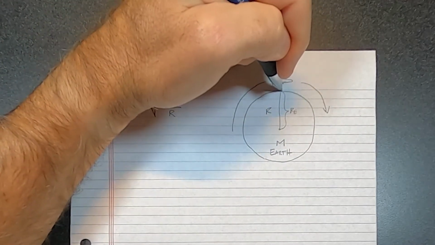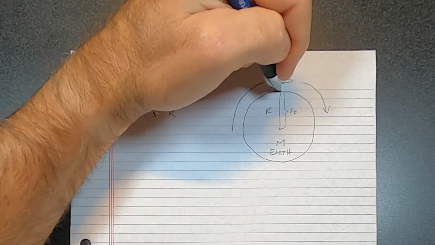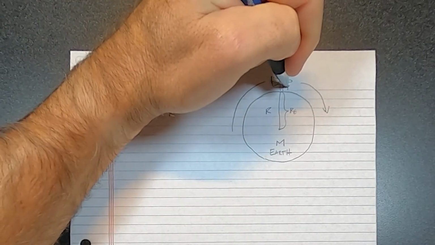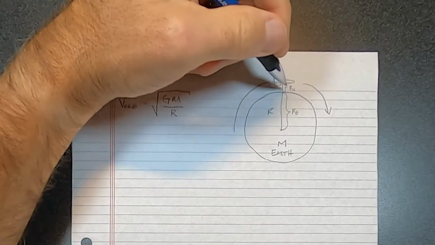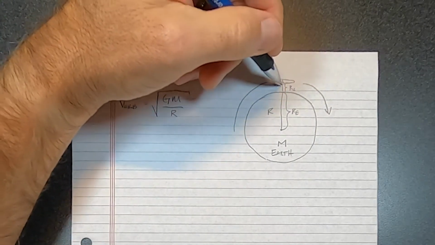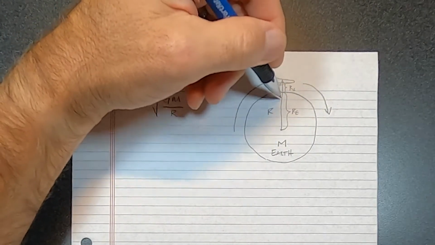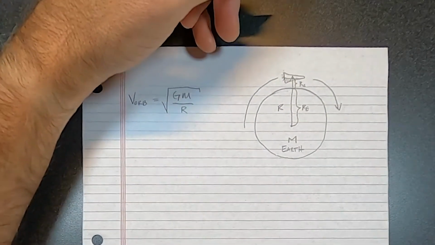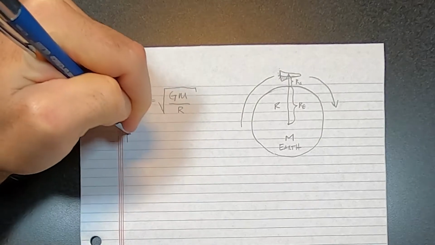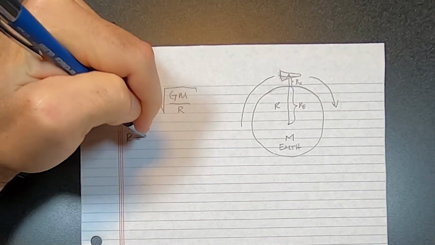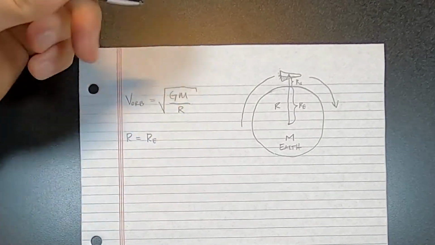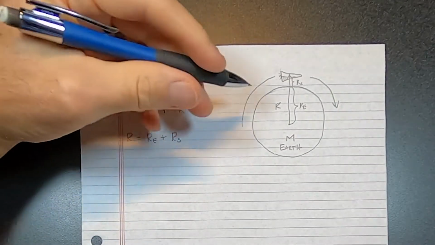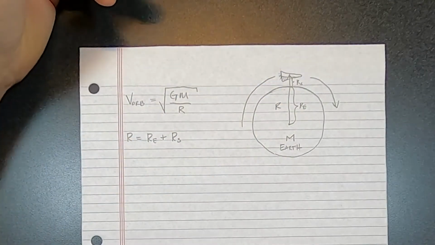And then the second portion, see if I can draw it. It's a little bit tight here. But that is how far above the Earth the space shuttle is. I'm going to put an RS. So this little piece plus this piece together makes up what the value of R is. So R in the equation is actually the radius of the Earth plus the altitude of the space shuttle. So it's this piece plus this piece.